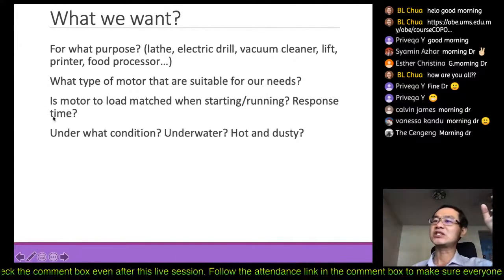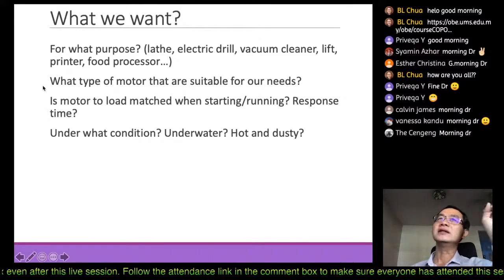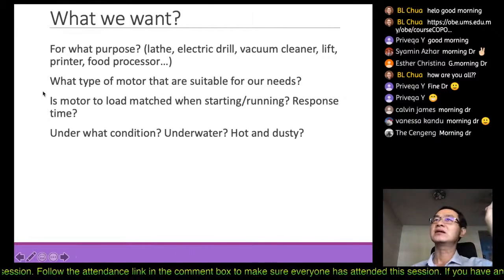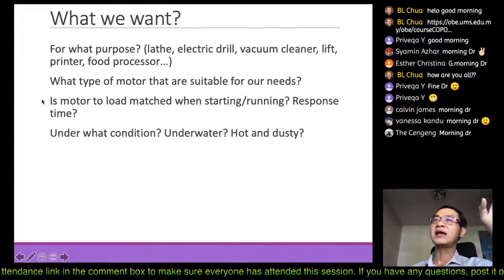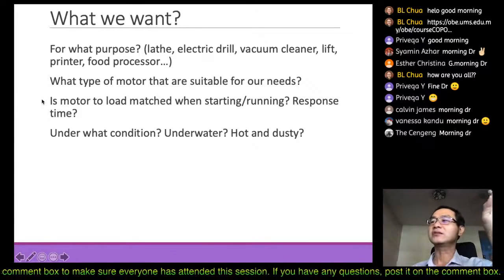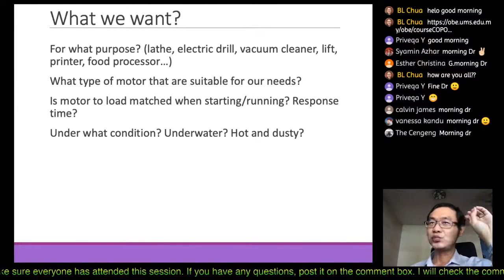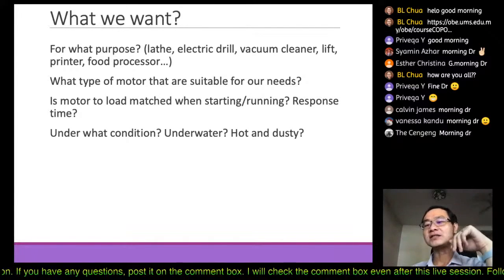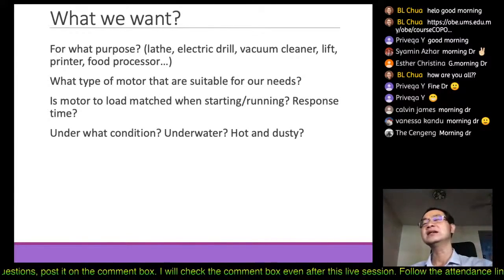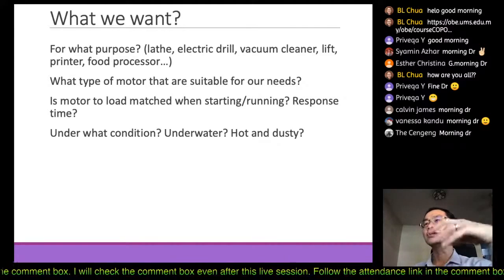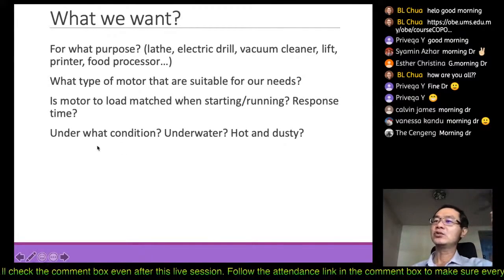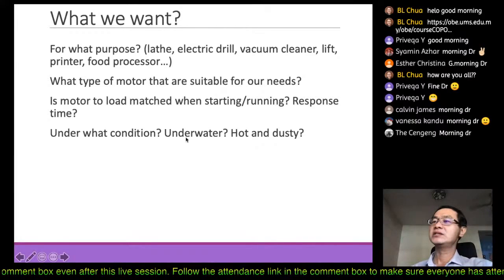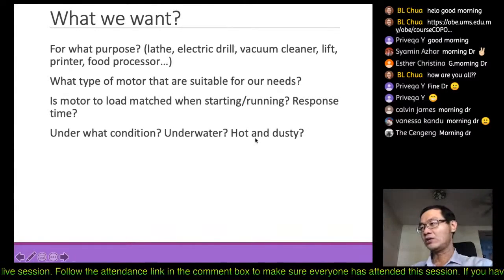But these questions would be more on the electrical side, or for those who have attended a course called control engineering, where they try to match the performance of the motor according to the response time, how fast it reacts when we give power to it. Then also under what conditions, is it underwater, hot, or dusty?